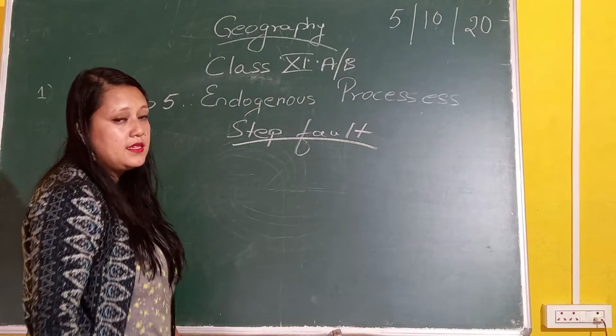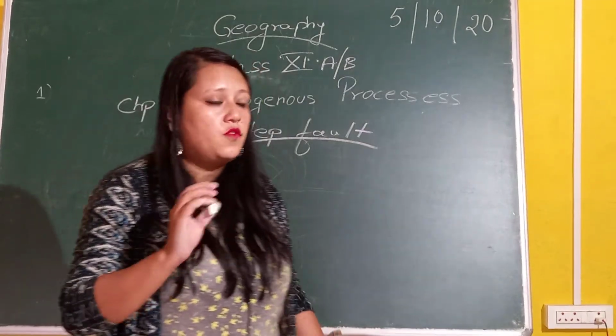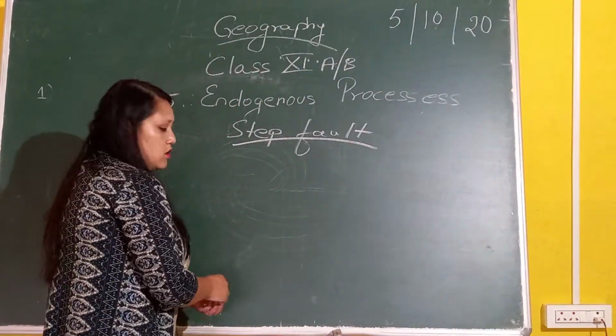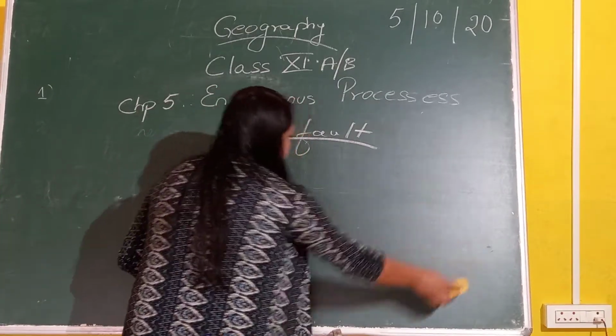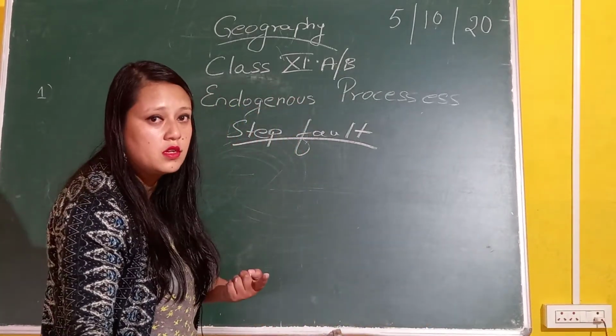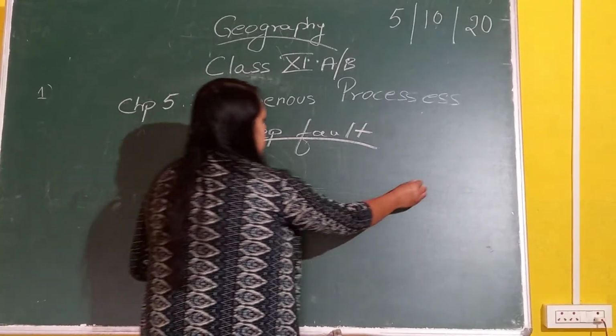Now, like I said, just because forces are acting on the surface of the earth, it does not mean that there is only one fault or only one fault plane.